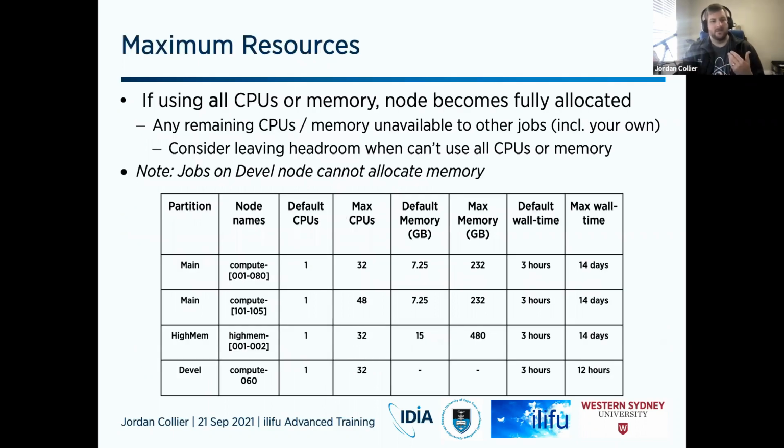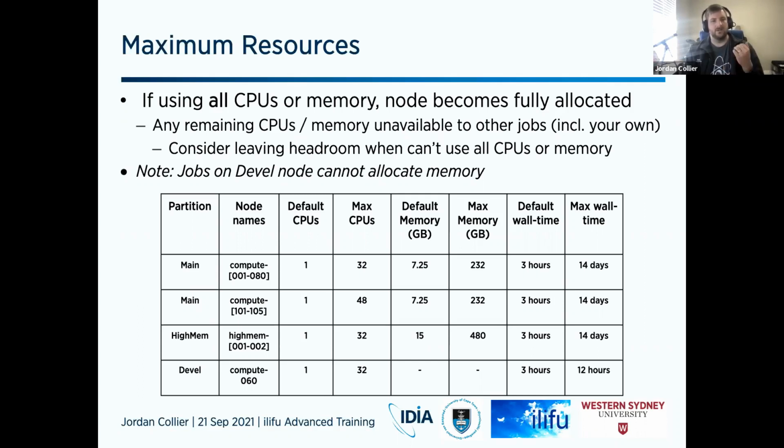In terms of the defaults and maximum, that's displayed in the table here, also available in our documentation. I won't go through it in detail, but essentially each of the different partitions and services have different defaults and maximums. So you need to consider that when you're allocating. And as I say, often you don't want to just use the default.